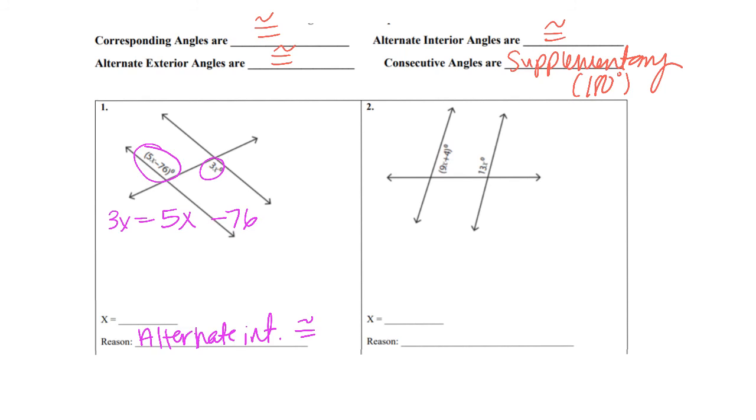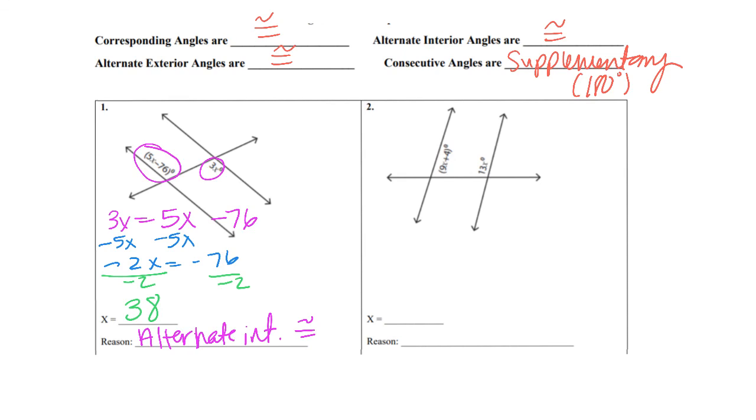So now to solve this, I want to minus the 5x on both sides. Negative 2x equals negative 76. Divide by negative 2. And negative 76 divided by negative 2 is positive 38. That's all you have to do.